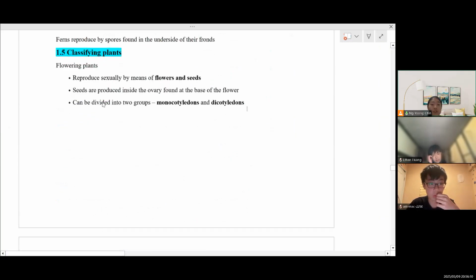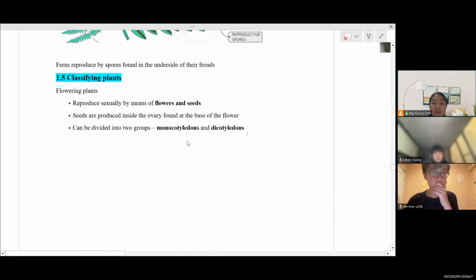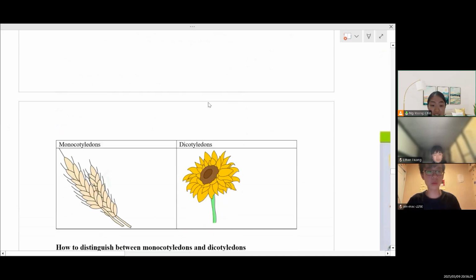So when you talk about the flowering plant, usually we classify them into two types, which is monocotyledons and dicotyledons. Flowering plant refers to the plants that are able to produce flowers and seeds. Okay, so what's different for the monocotyledon and dicotyledons? Have a look at the picture.